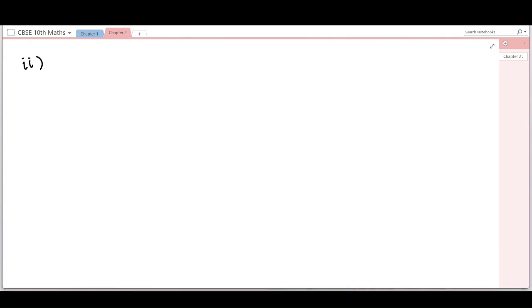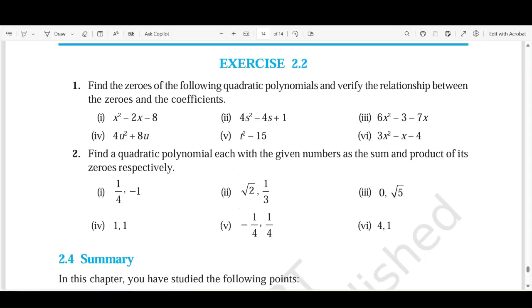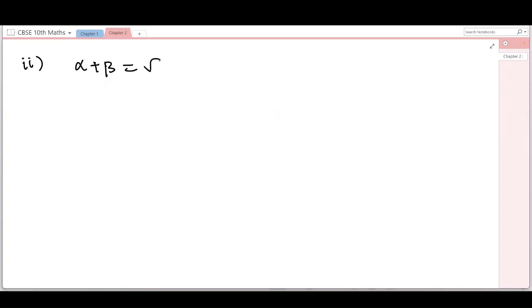The second one, so I am directly writing the relation. So alpha plus beta equal to root 2, alpha beta equal to 1 by 3. So this should be equal to minus b by a. This should be equal to c by a. Fine.